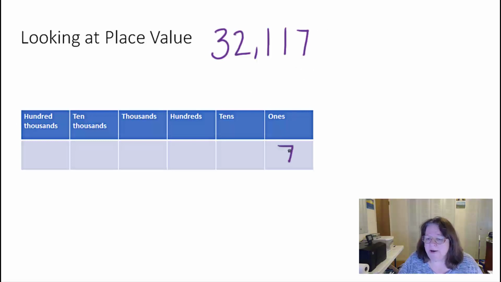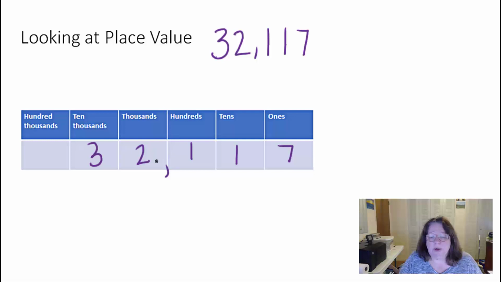The 7 here, this one is in the 10 spot, this is in the 100 spot, in the 1,000 spot, in the 10,000 spot. And we can put a comma there if we want, if that helps us keep it straight.